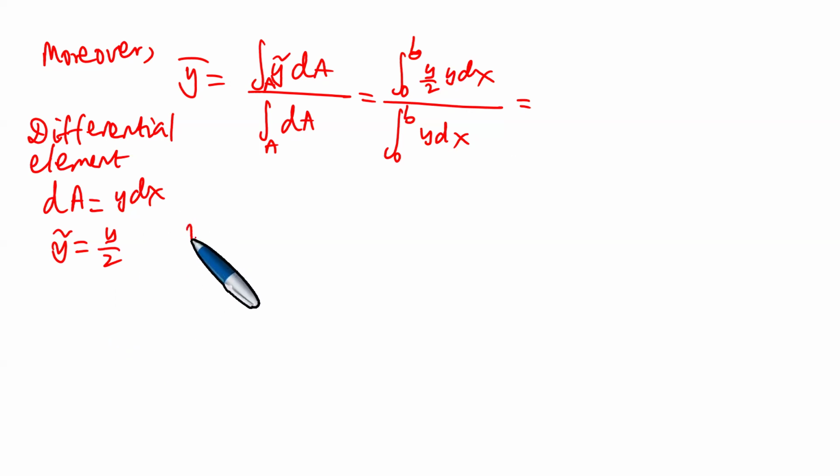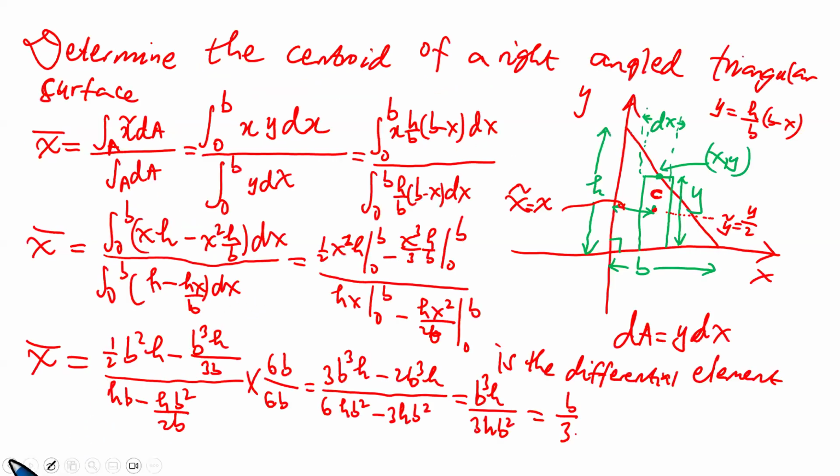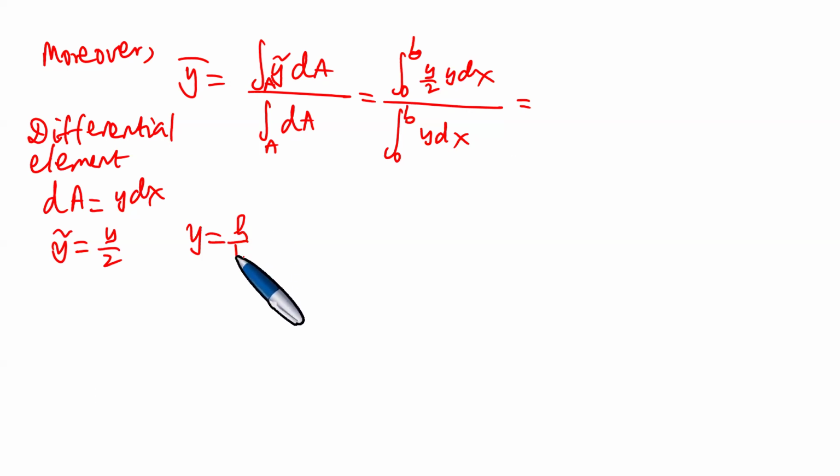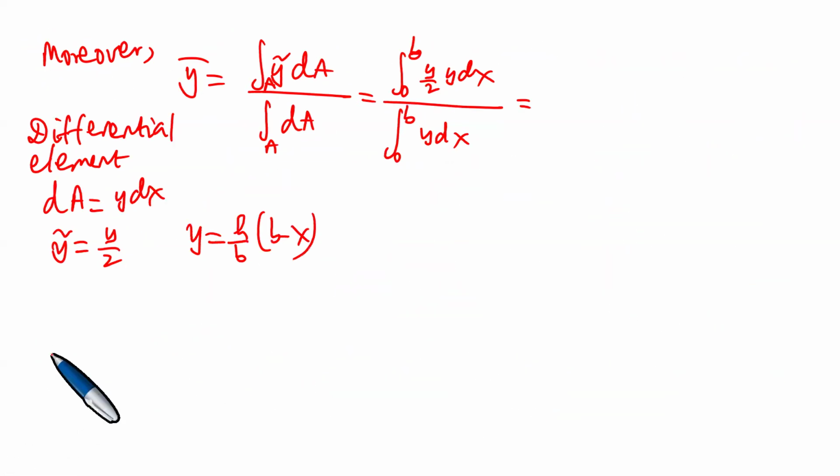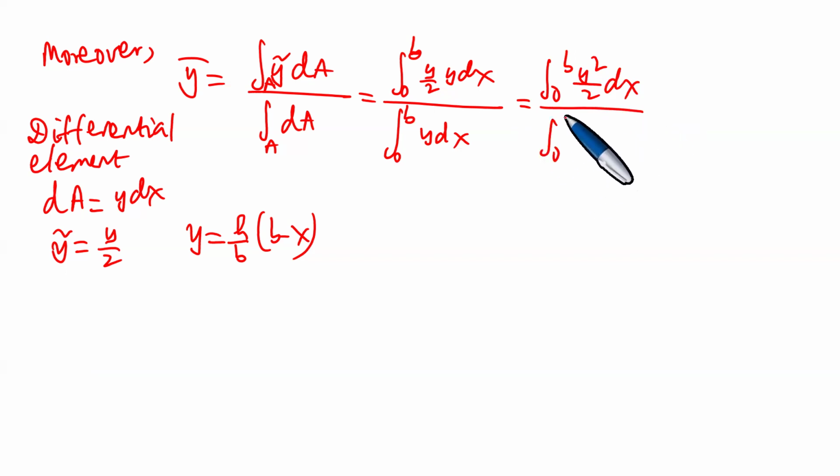So now you'd have to say y equals h over b, b minus x. So now the integral from 0 to b of y squared over 2 dx, and then the integral from 0 to b of y dx.